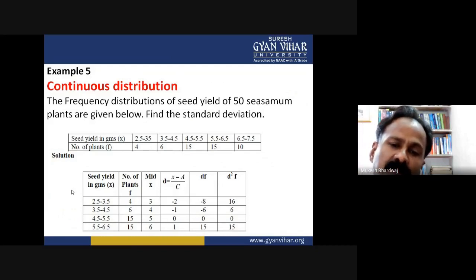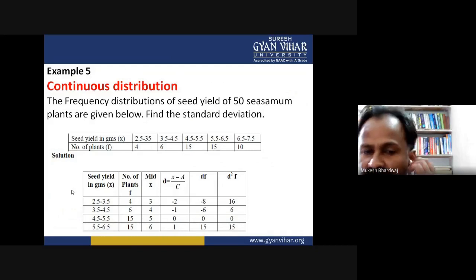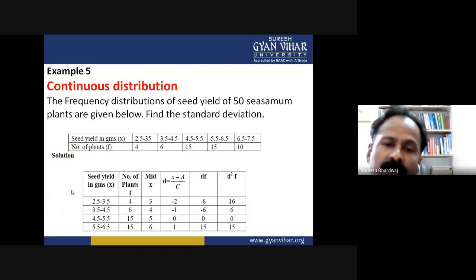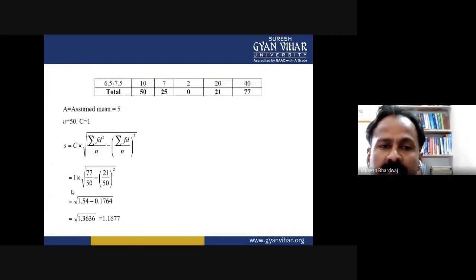Now, according to the formula, create the table, arrange the data in the table, create the columns, do the totaling in the last row, and put all the values in the formula. Have a look at this.